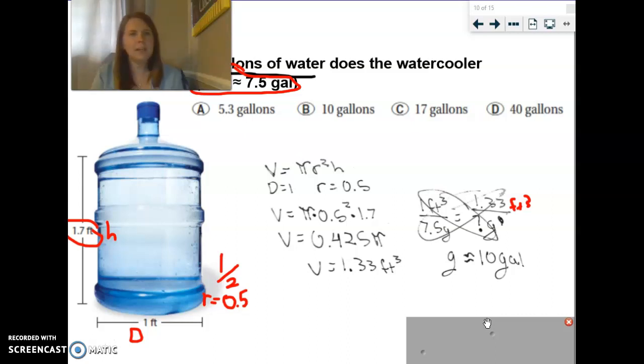So you're getting something like 9.975. Now remember that conversion was an approximation, so this is okay to be slightly off, but you don't want to be so off. So in this case, it's about, that's why I had the little squiggle, it's about 10 gallons. So for picking my answer, I would pick your answer as B. Okay.